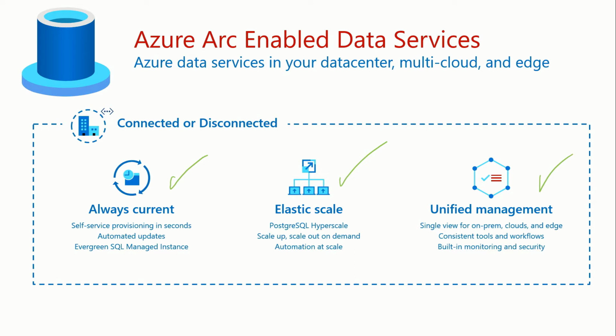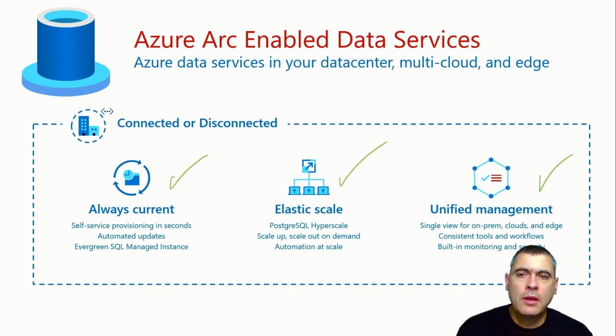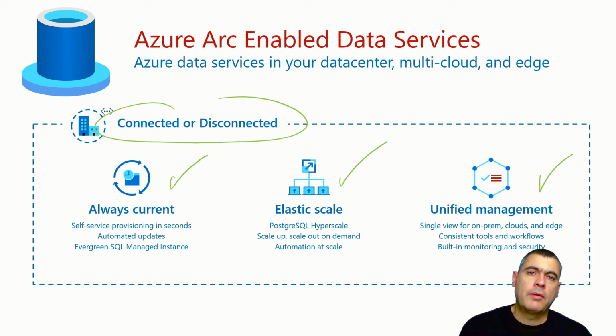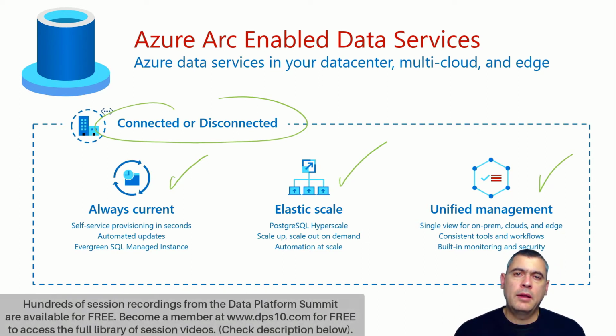That unified management that I mentioned earlier, this single pane of glass experience, no matter where your system is running, no matter if it's in the cloud, not even the Microsoft cloud, on some infrastructure outside of your data center, Azure Arc-enabled data services is going to enable you to manage those systems at scale. Azure Arc data services comes in two forms, connected mode and semi-connected or disconnected mode, and I'll talk to you about that in a moment.